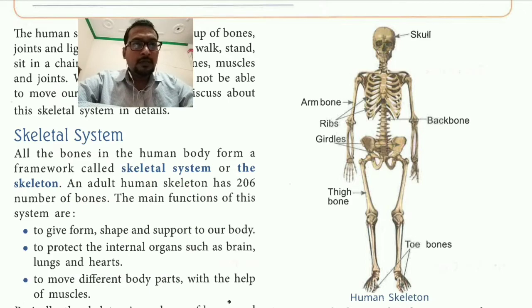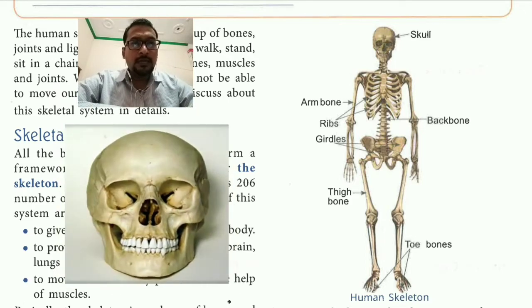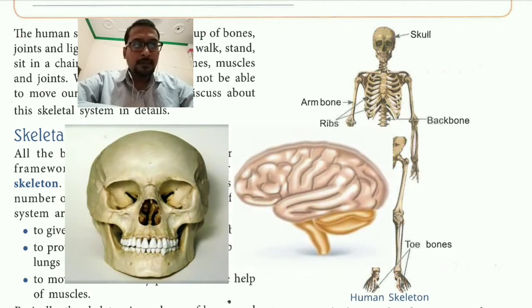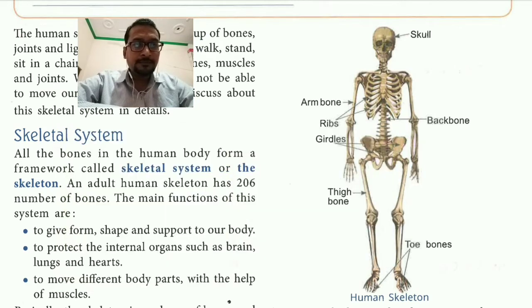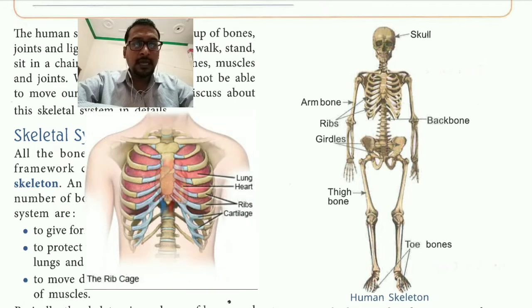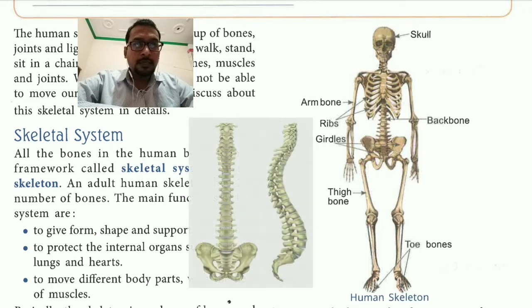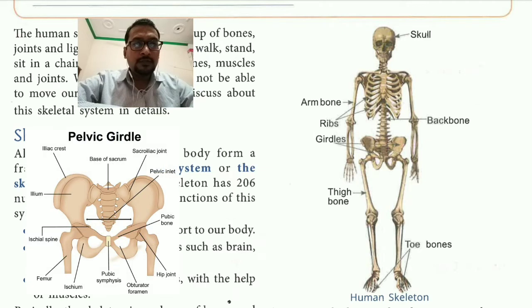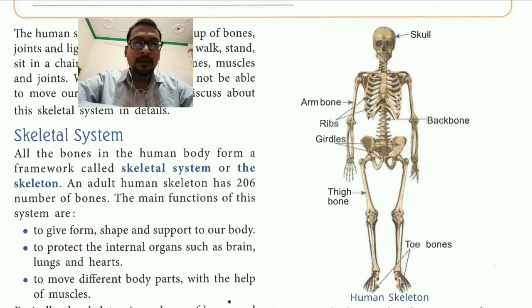If you see the skull, it protects our brain, then you have the rib cage, which protects our lungs and heart. Then you have the backbone and girdles. Then you have 2 pairs of legs and 2 pairs of arms.